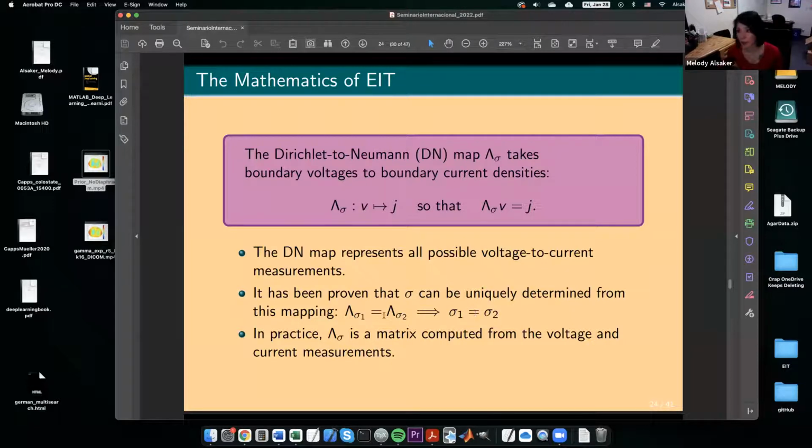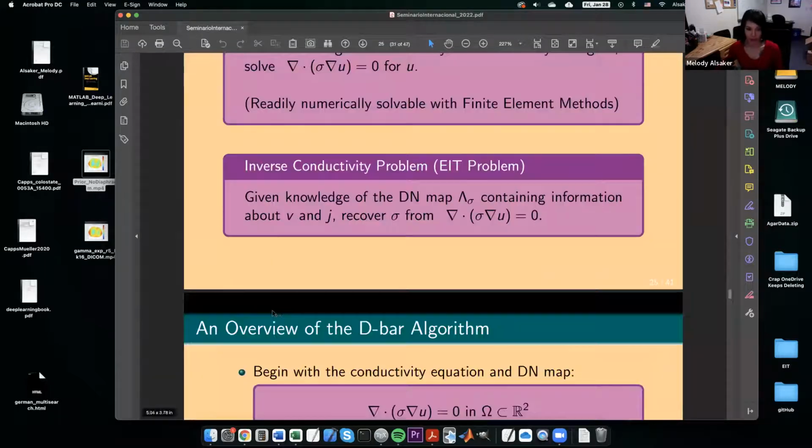If we knew the mapping exactly, which we don't, then we could exactly recover the conductivity. In practice, we have a finite number of discrete boundary measurements corresponding to a finite number of discrete electrodes. So the DN map is a matrix computed from the voltage and current measurements.